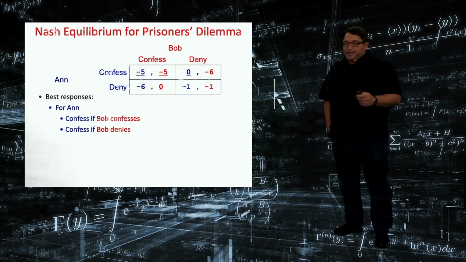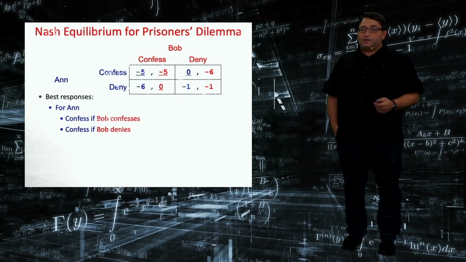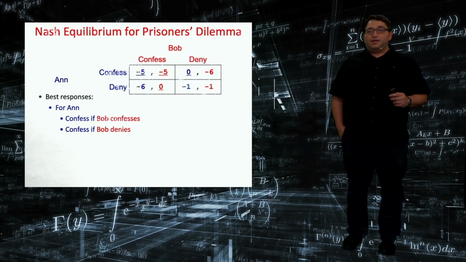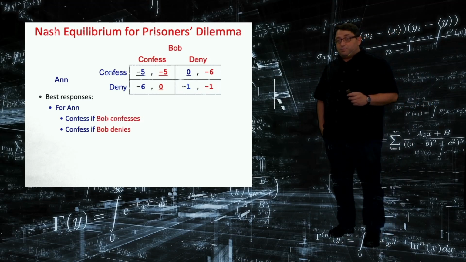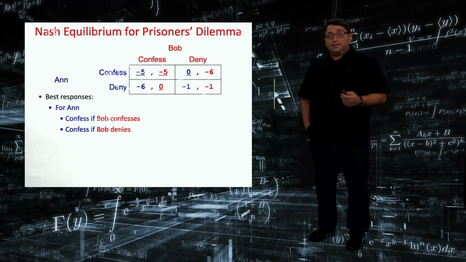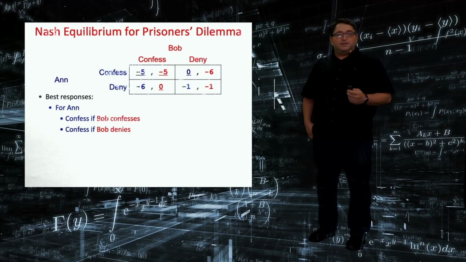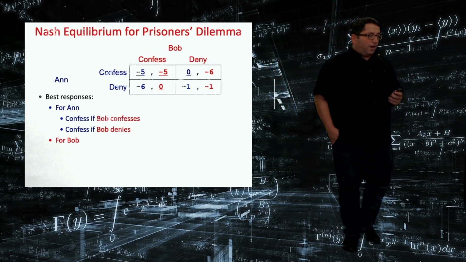If Bob denies, then if you confess, you will be free, 0. Otherwise, you will get -1. Confess brings a higher payoff, so confess is the best response. In order to illustrate the concept, I underline the best response payoffs. Next I will find the best response for Bob.